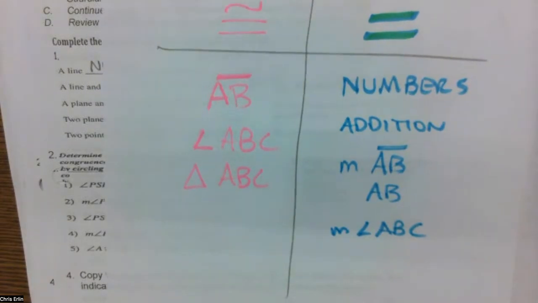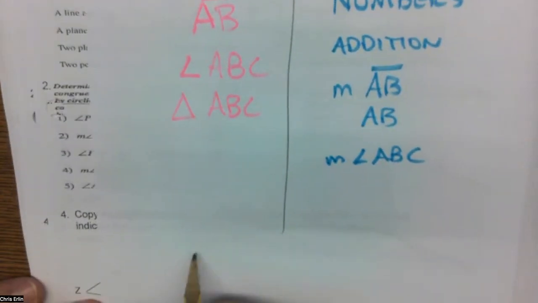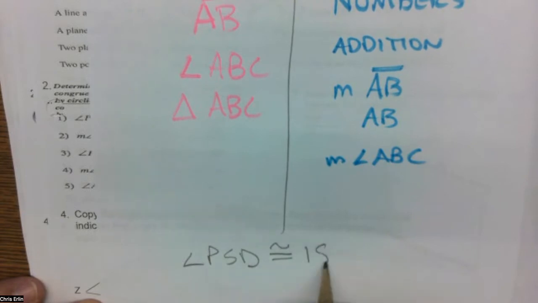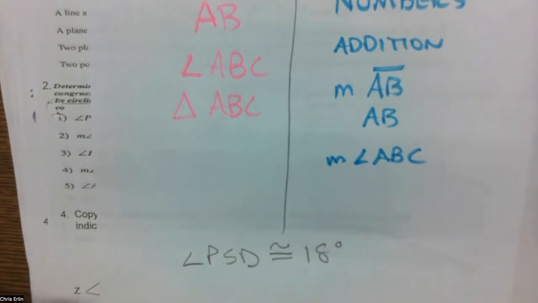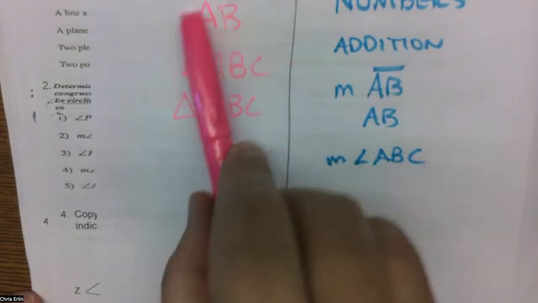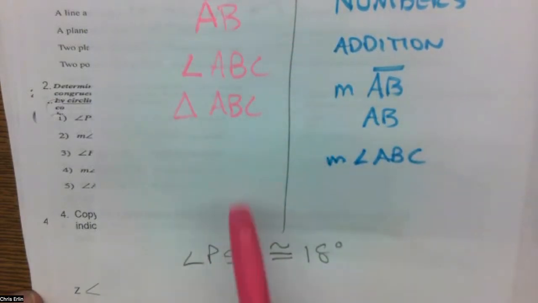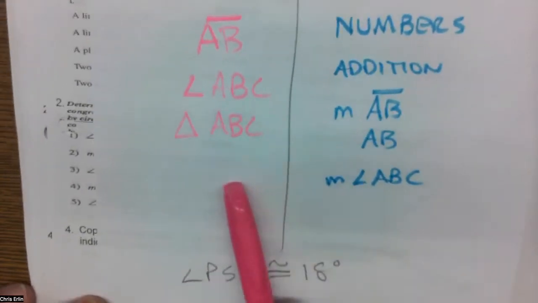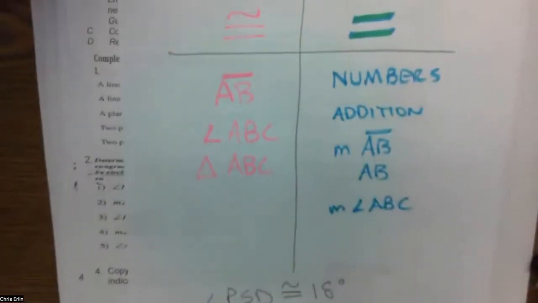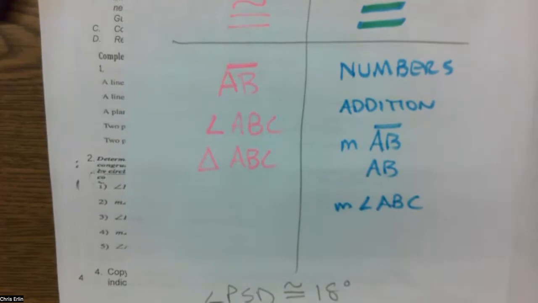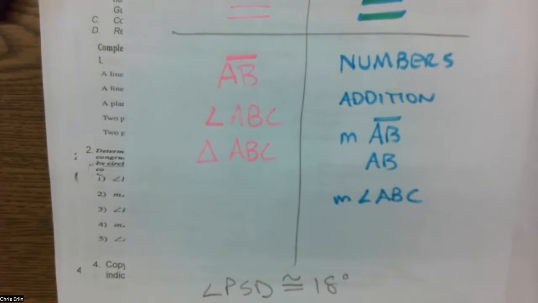So what am I getting to here? Well, let's take a look at number one. It says angle PSD is congruent to 18 degrees. So ask yourself, PSD, is that written in a way that should be colored pink because it's a congruence component, it's an object, or is it written in a way that should be blue because it's a numerical value? It's an object, right? Like angle ABC, angle PSD. What about congruence?